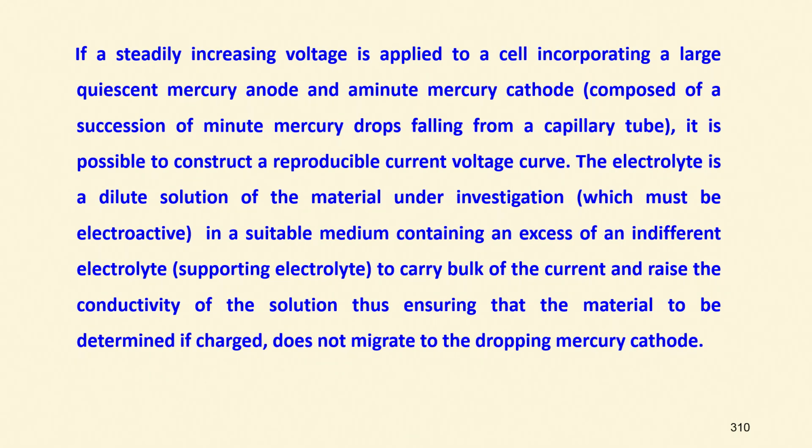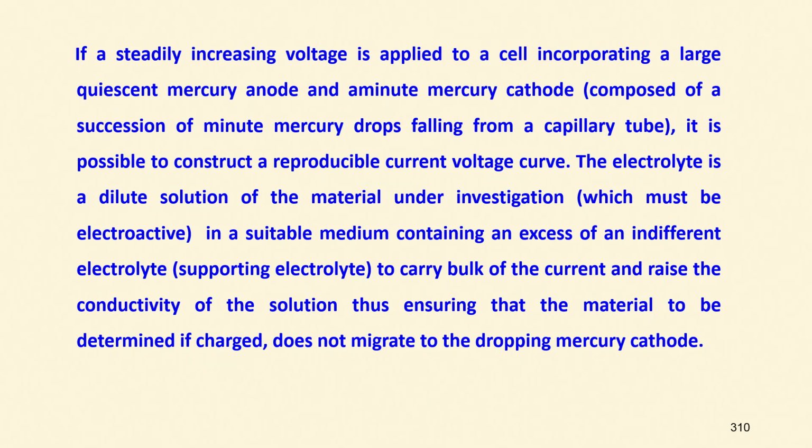What is a large quiescent mercury anode? It is a mercury pool connected electrically to the anode, and it is so large that there is no change in its appearance or behavior, as if it is a stagnant pool.